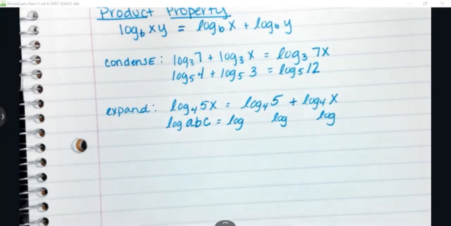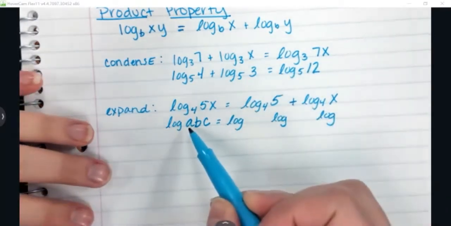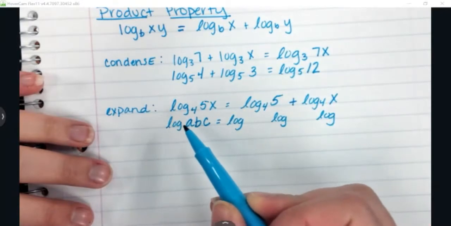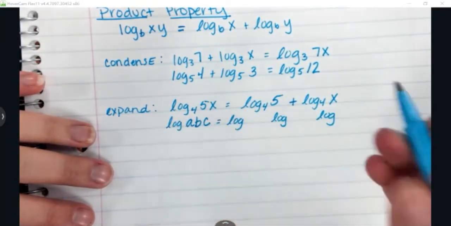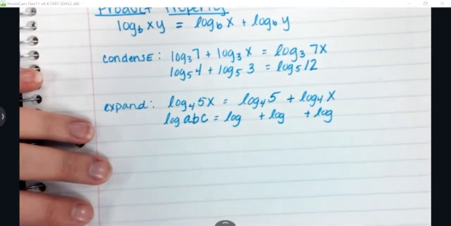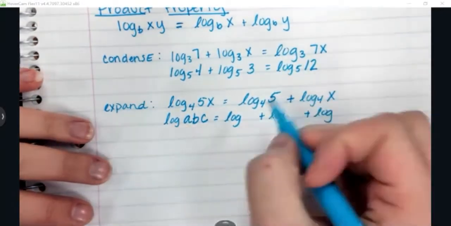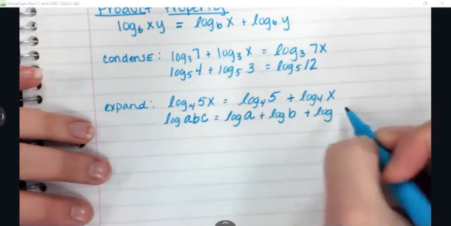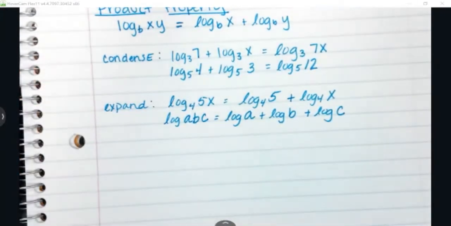Do you have to write it? No. Okay. And since I am multiplying A times B times C, I know that my logs are adding. And then it's just A, B, and C. Questions about the product property?